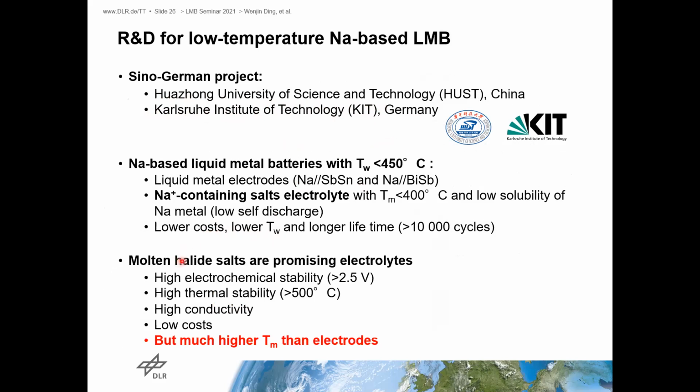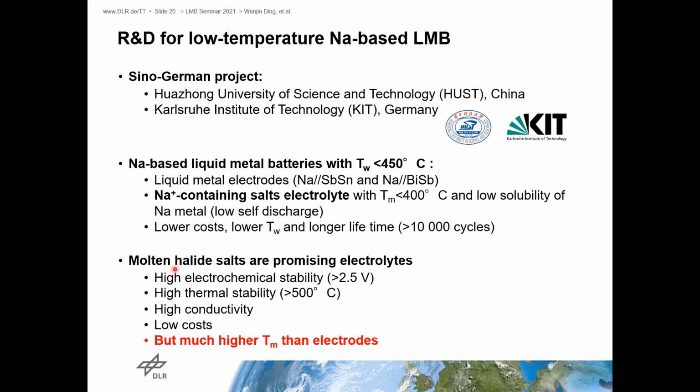And we also hope this new liquid metal battery has similar excellent performance as the conventional batteries and the lithium-based batteries.